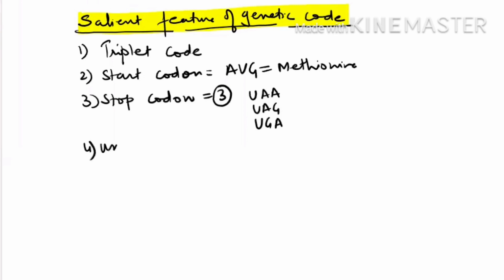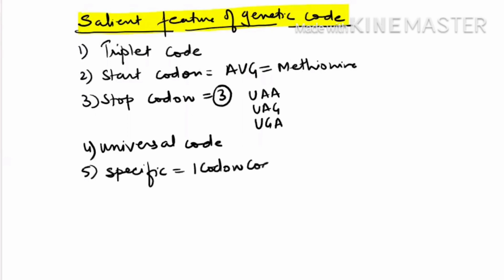They are universal, meaning everywhere AUG will code for methionine only, whether you start from bacteria or go to a giant organism. Universal codon. Then they are specific. Specific means one codon codes for only one amino acid. Specific is also known as unambiguous.